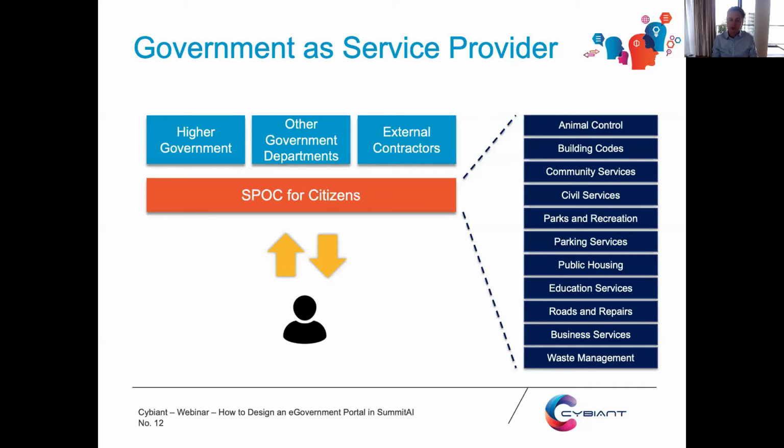What the government would like to do is provide a single point of contact for citizens so that they can interact with the government. And whether that is a higher government or a local government or a company that has specifically been set up to provide services to citizens doesn't really matter. What we really would like is that as a citizen, I know where to go in case I would like to get a specific service.